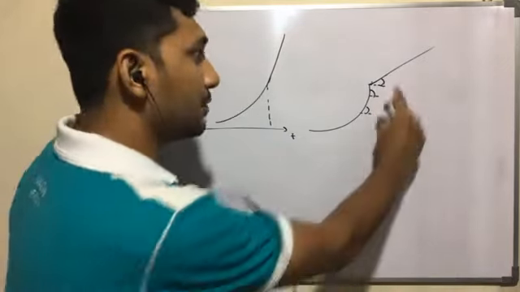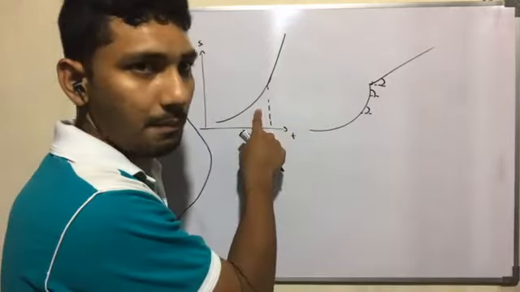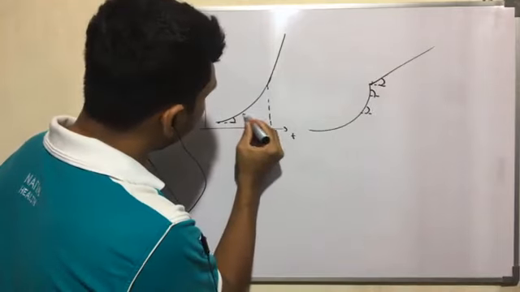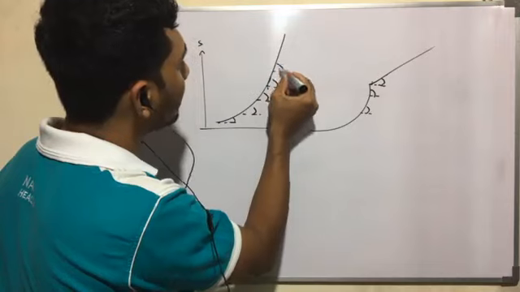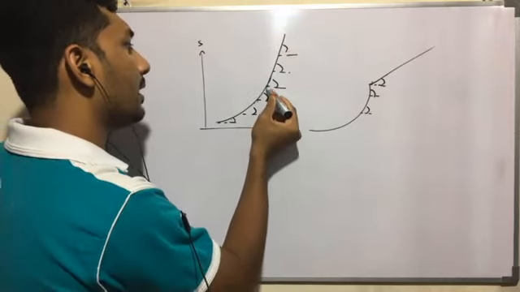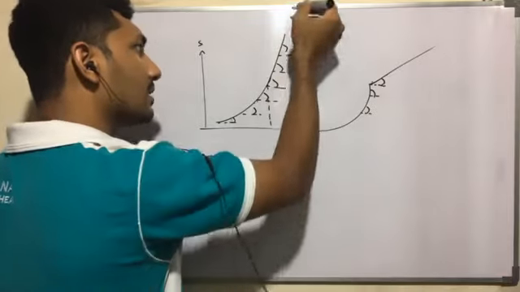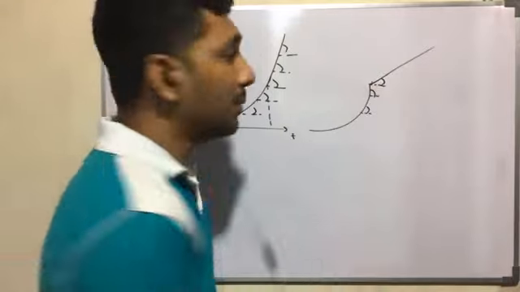This meaning is completely different from the meaning of this graph. Here the gradient gradually increases, the theta increases, and at this point it starts to remain stationary. It increases up to here, and then that value remains constant. But if you draw it like this, you break here.